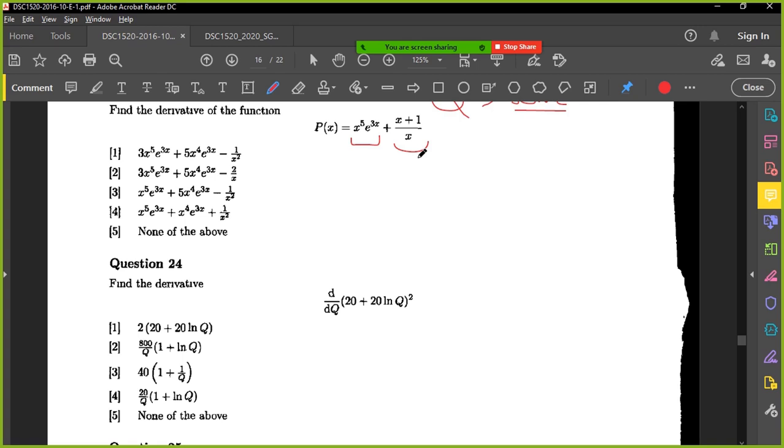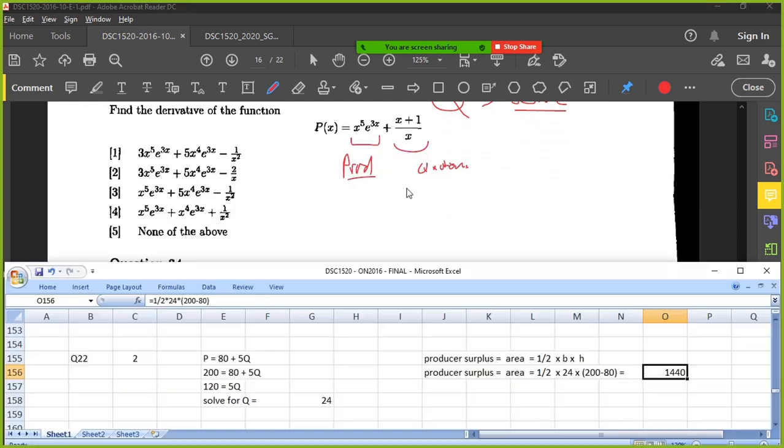When you see this, you've got x^5 times e^(3x). So that's product rule. And then when you've got numerator, denominator, that's quotient rule. Remember that.